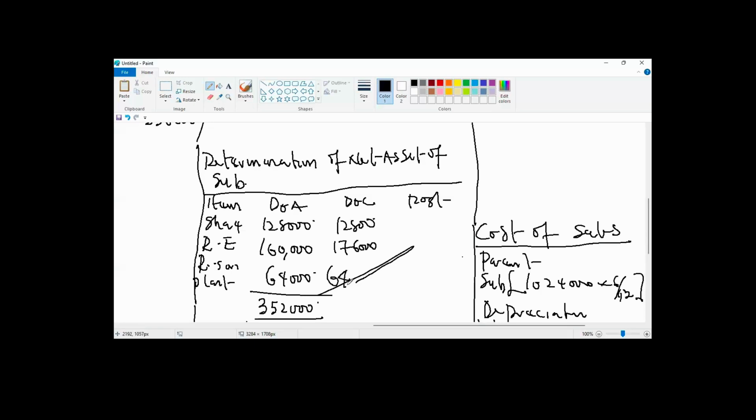There is no value further. 176,000 minus 160,000 is 16,000. The 16,000 will be shared between the parent and NCI.